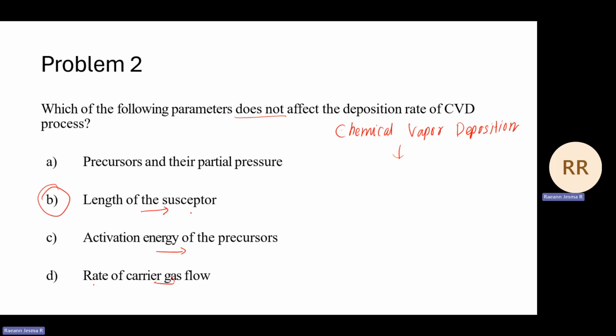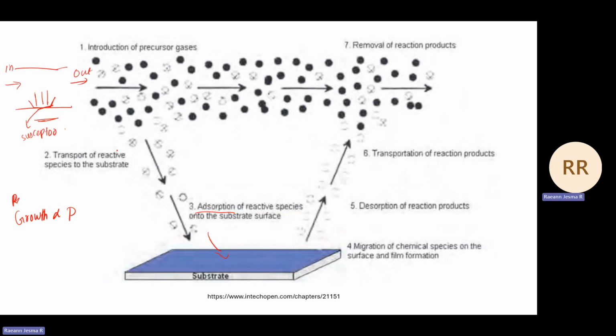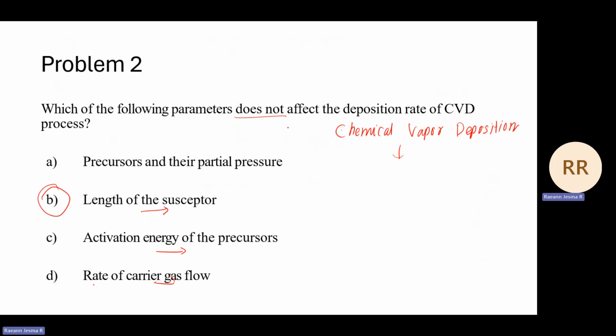The length of the susceptor will not play much of a role because you will just keep it in a certain region of the chamber where you can maintain proper pressure and temperature. You will not keep it infinitely long. So that is not going to affect the deposition rate as such. Is this clear? Okay.